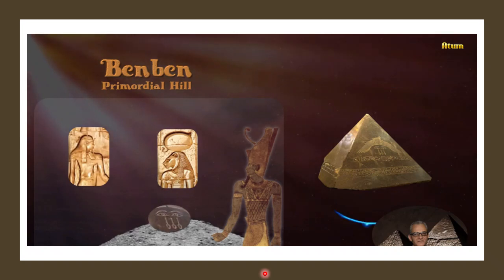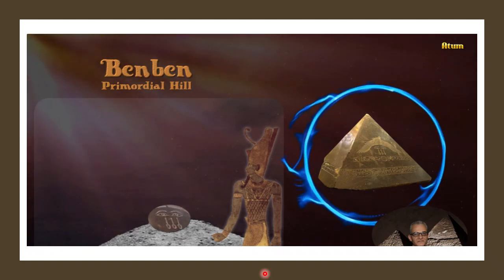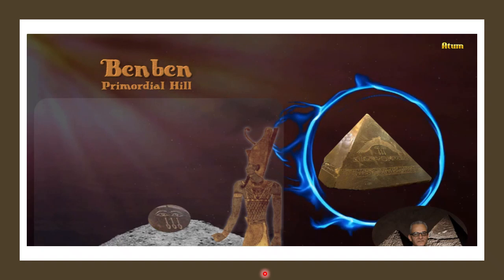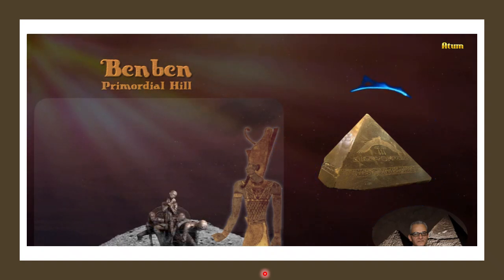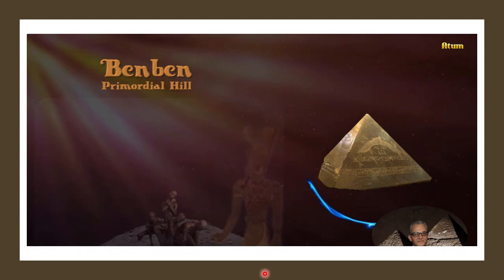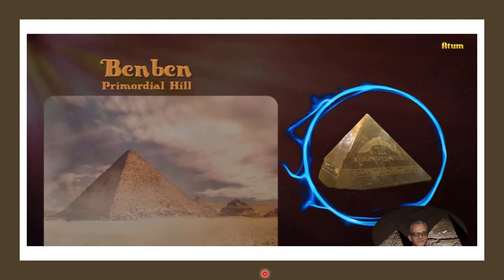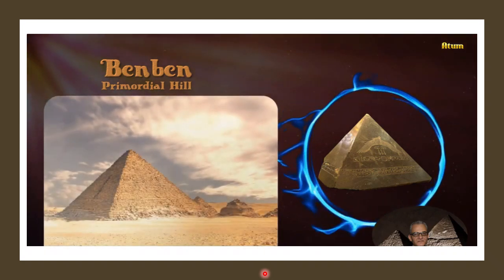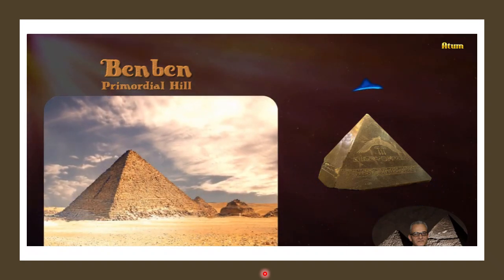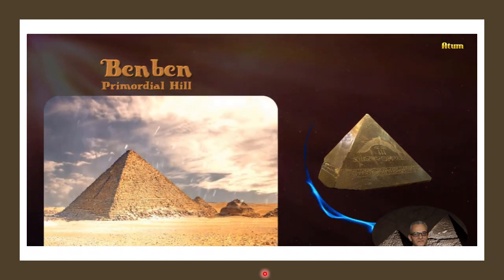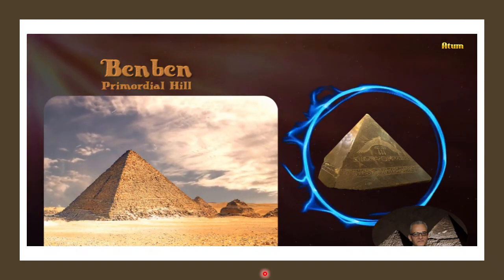These teardrops, which fell on the Benben stone that Atum was standing on, transformed into human beings. The idea of this hair rising had a profound effect on the Egyptians, being used as everything from temple layouts to the possible inspiration behind the pyramids.